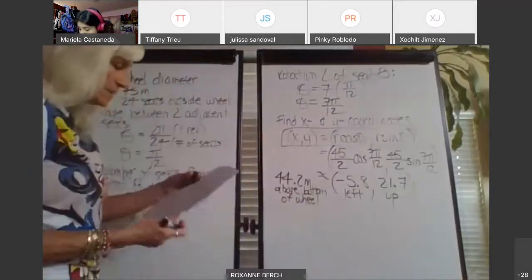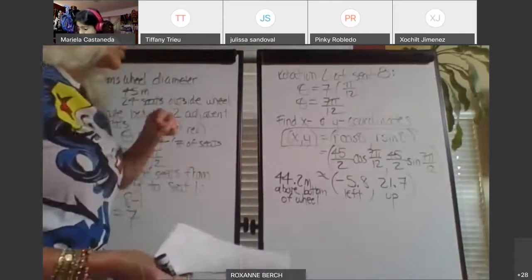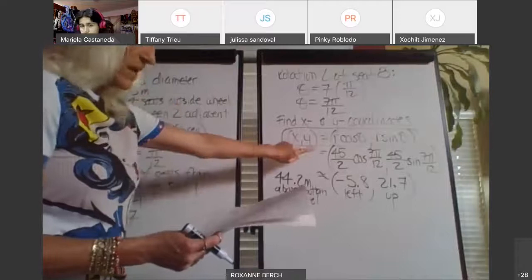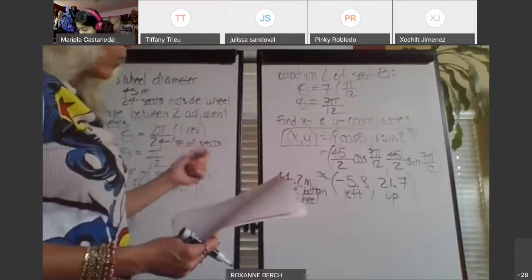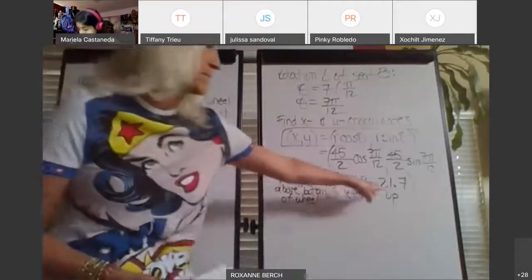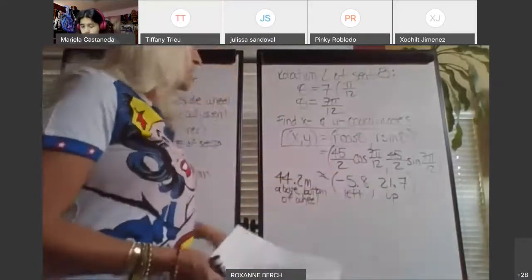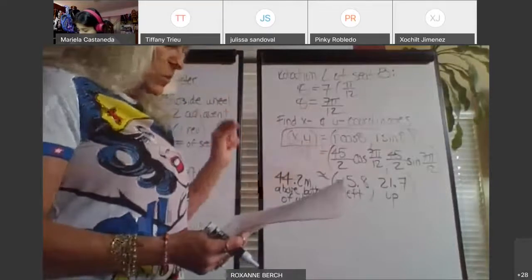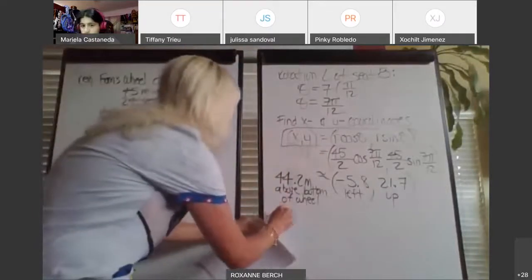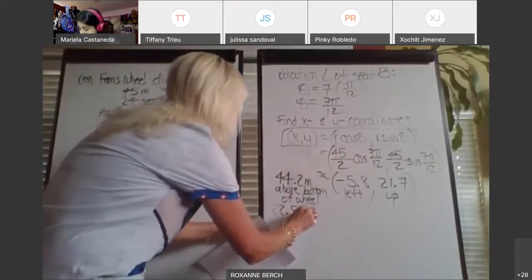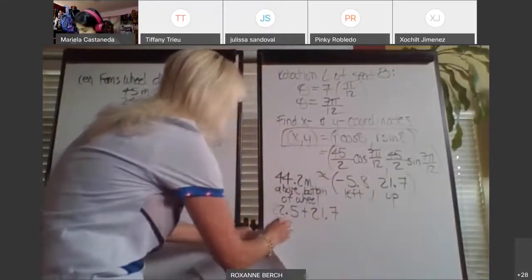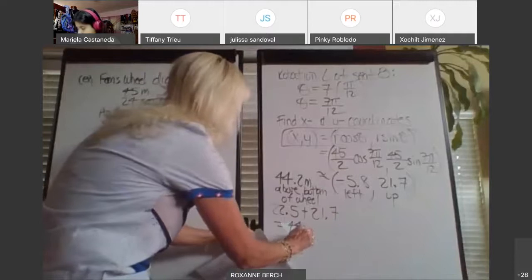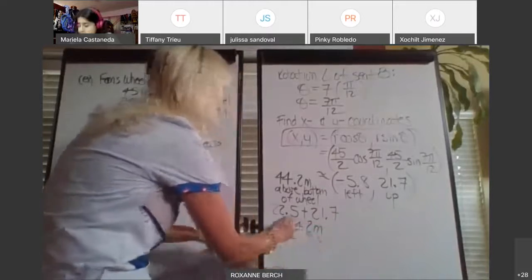What you do is you take the radius, which is 22.5, and you add the 21.7. I'll say that again. You take the radius, which is 22.5, and you add 21.7, and that's how I got the 44.2 meters.